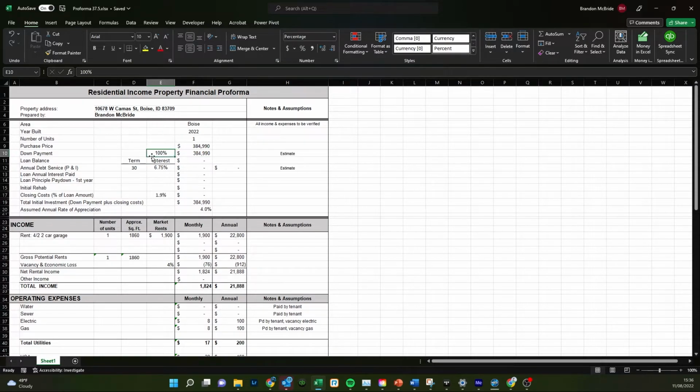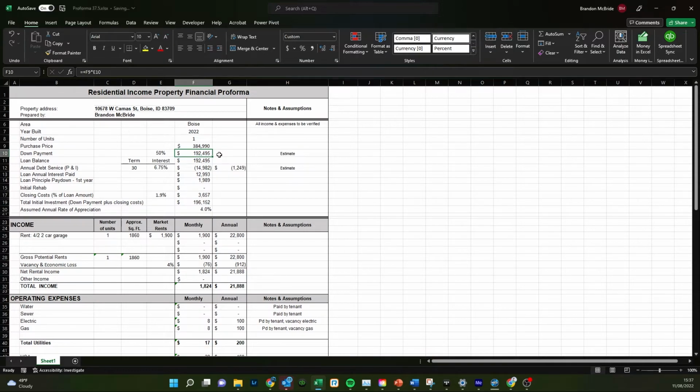Or if you just put down 50%, you're still getting 4% appreciation on the purchase price, but you only had to use $192,000 to make that happen. So you're taking less money to make more money. But as interest rates go up, the debt strategy becomes more and more difficult, but can still be worth it.